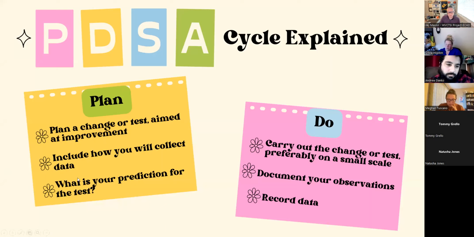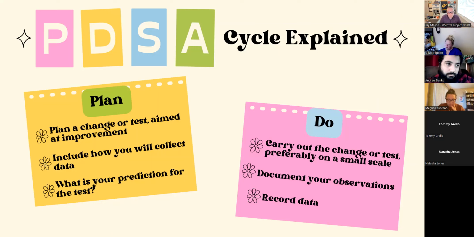The big thing is just planning it out. That probably takes most of the action, really making sure that you know the different components you want to implement and making sure that what you do have planned out as a change is actually aimed at improvement.